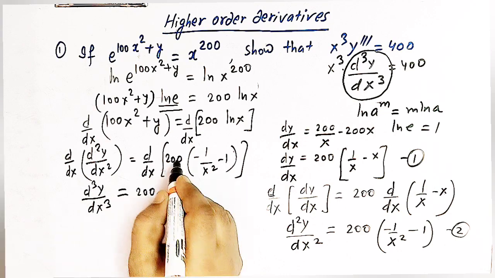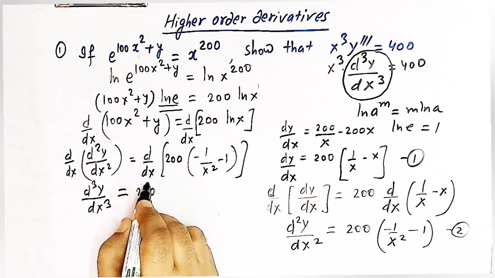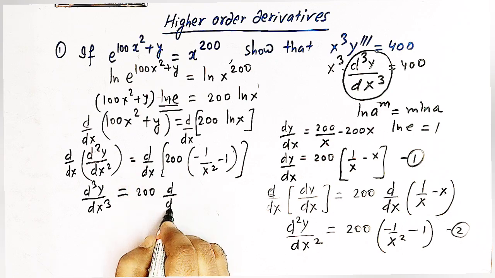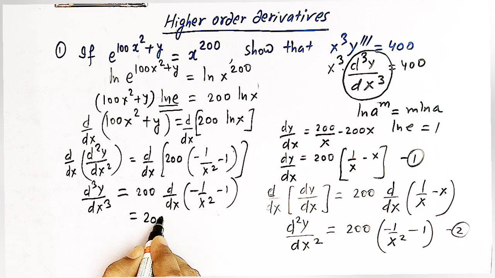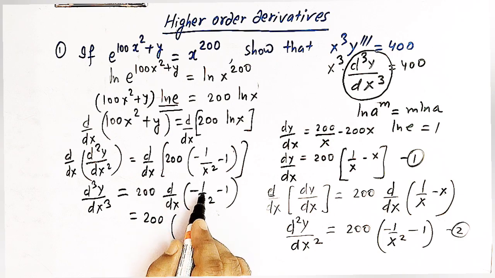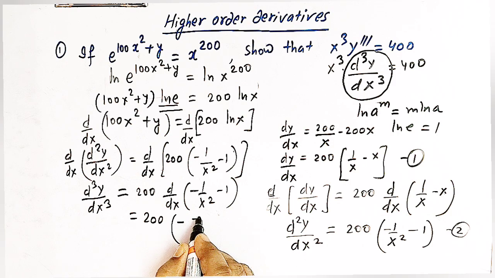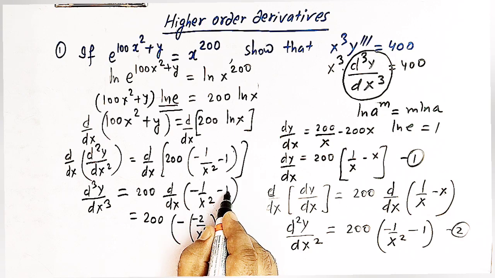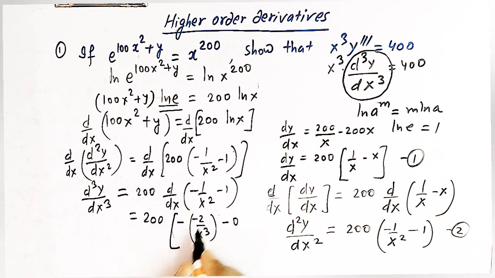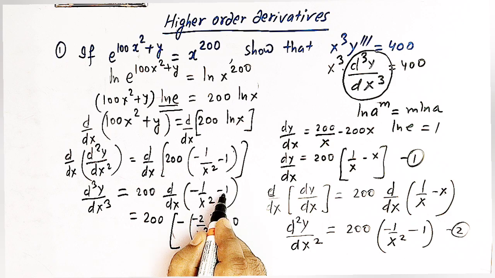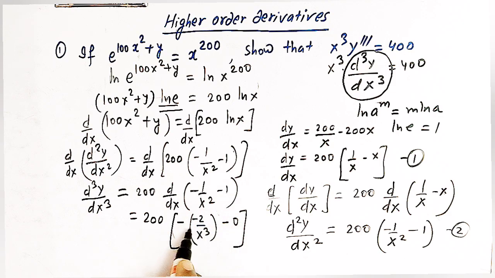Taking 200 outside the derivative operator, we have d by dx of minus 1 over x square minus 1. The derivative of 1 over x square is given by minus 2 over x cube, and the derivative of 1 is 0.